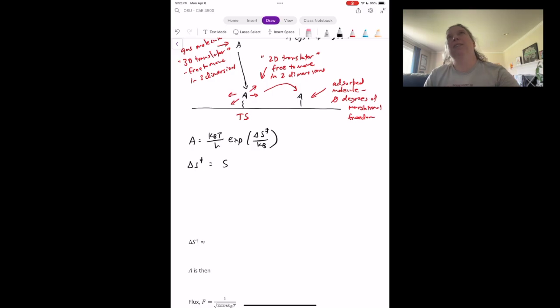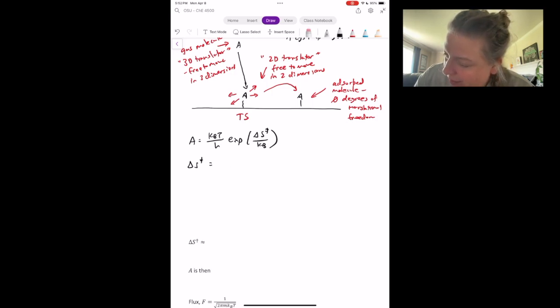now here we are technically going to have multiple contributions. We would take the translational entropy for A gas, and actually I'm writing this backwards. We want the transition state piece first.